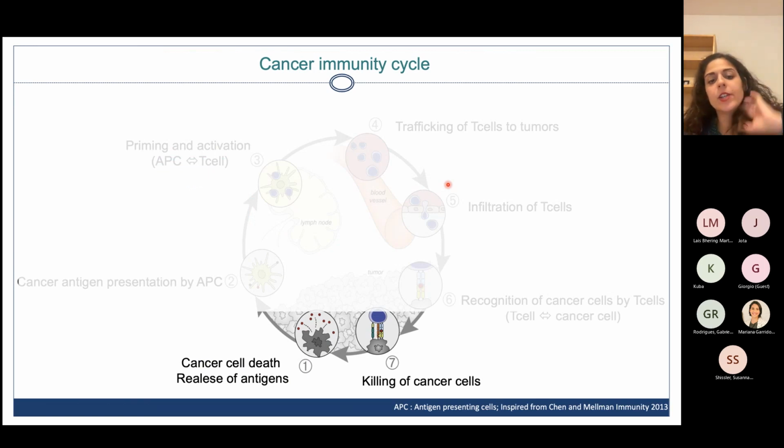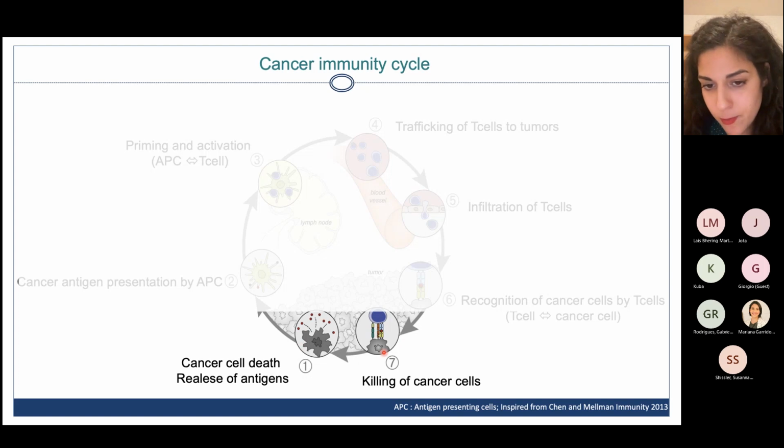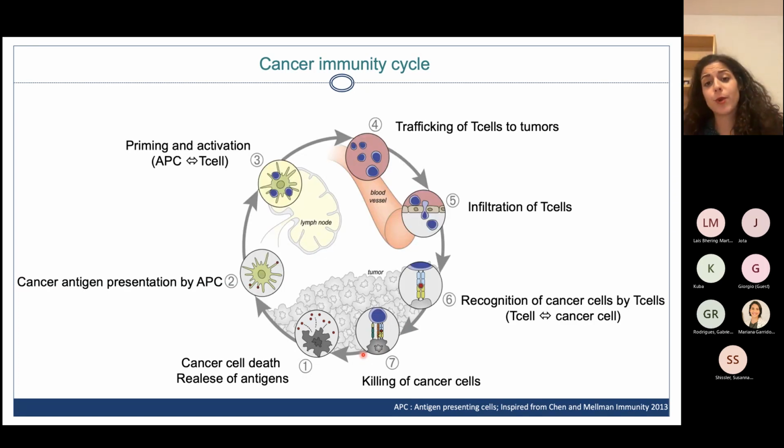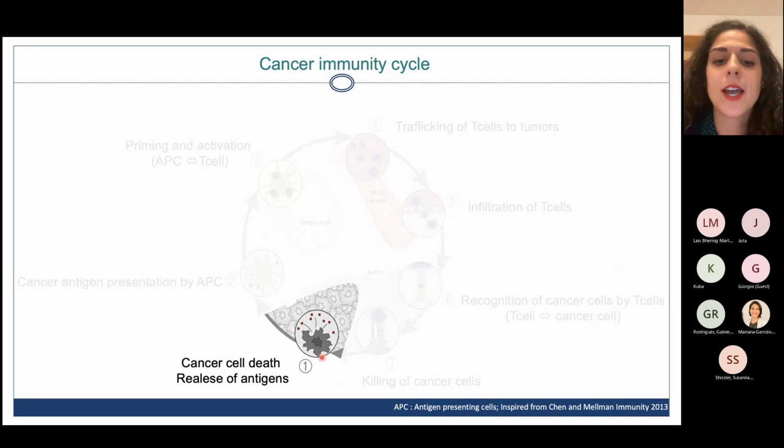So in order to explain a little bit more how immune checkpoint blockade works, I will do a little bit more immunology, I'm sorry. So basically, in the previous part, I just said that the cancer cells can have an antigen that will be sensed by T cells when the T cells infiltrate the tumor in order to exhibit their cytotoxic activity toward the cancer cells. But actually, it's much more complicated than this. The first step is release of antigen by the cancer cells.